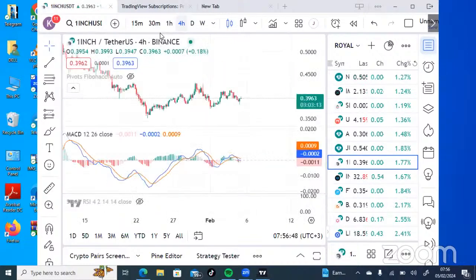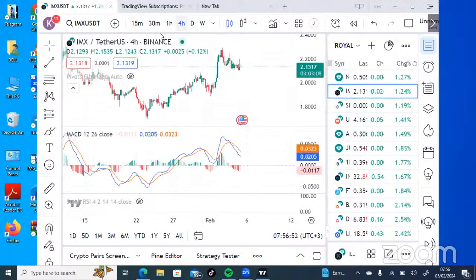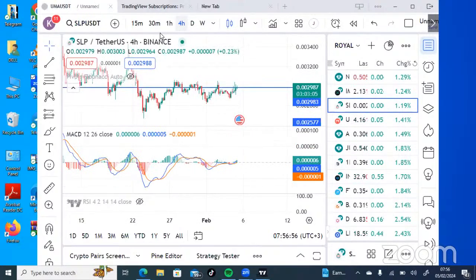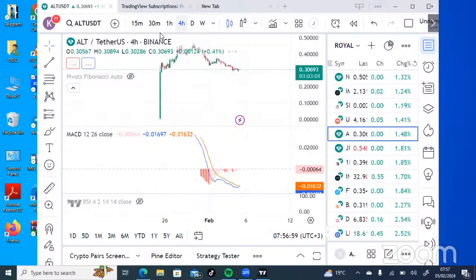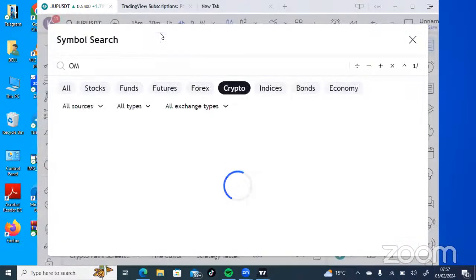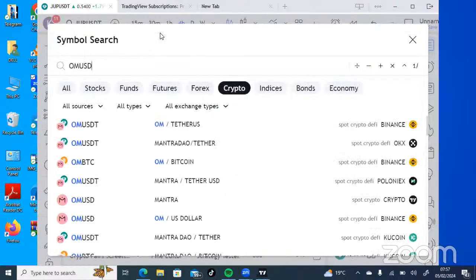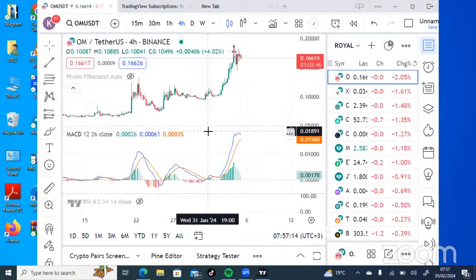I want to look at Immutable X. Let me just find a coin that we would use.